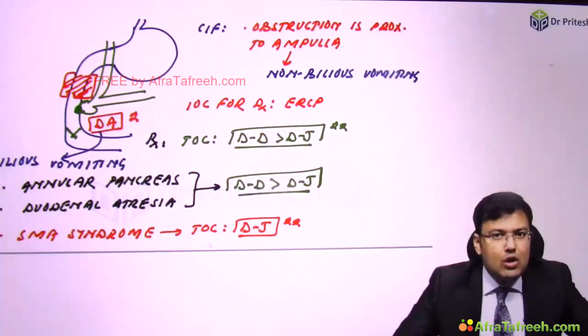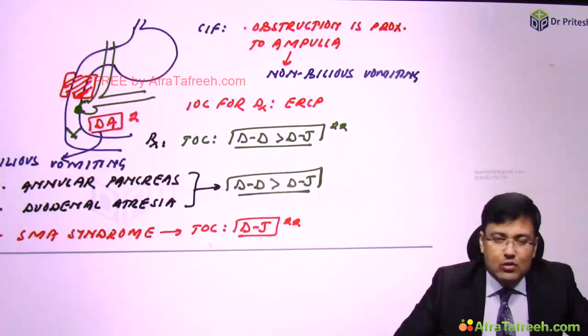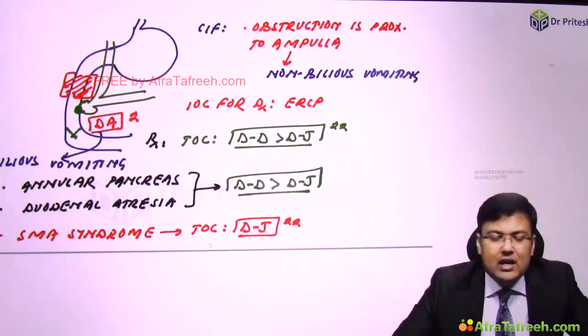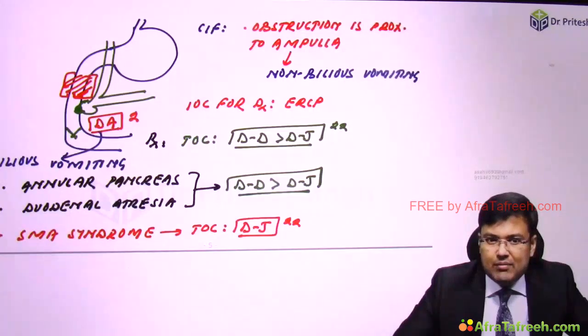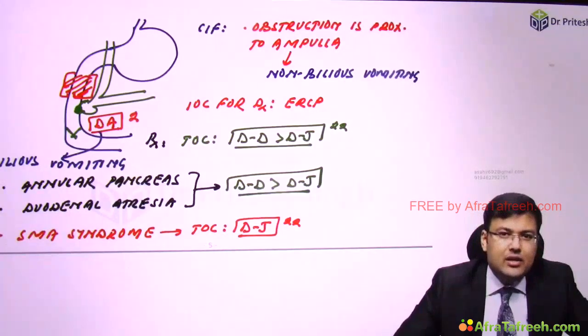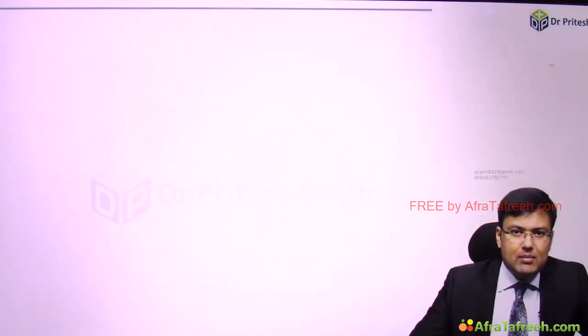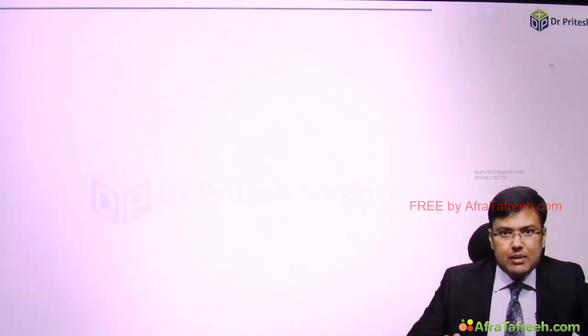So this is how we can differentiate annular pancreas from duodenal atresia. But be careful, the treatment of choice is the same in both, and that is duodeno-duodenostomy.